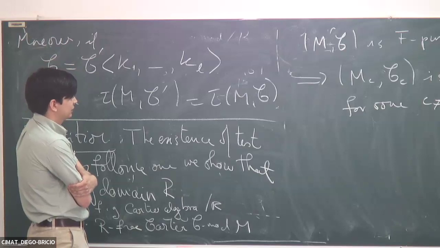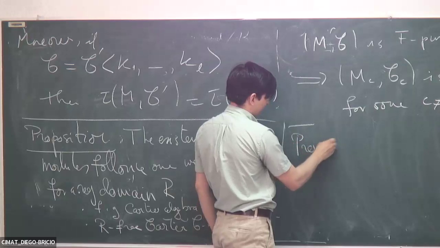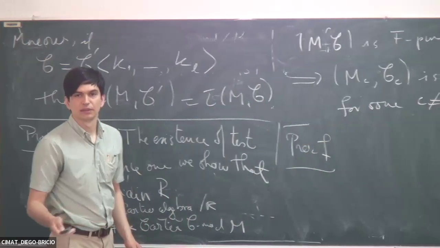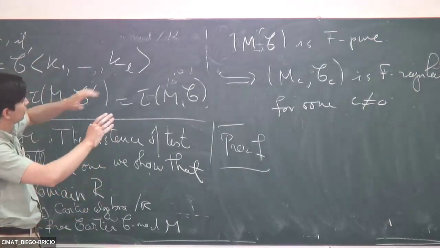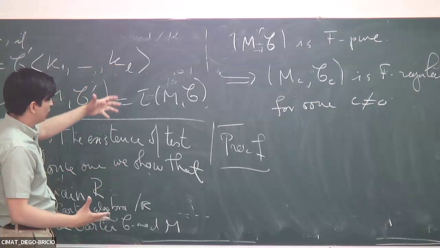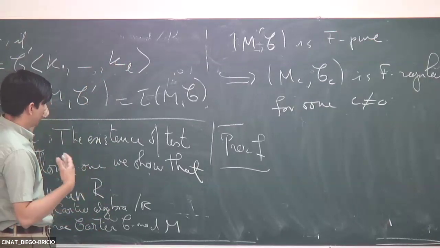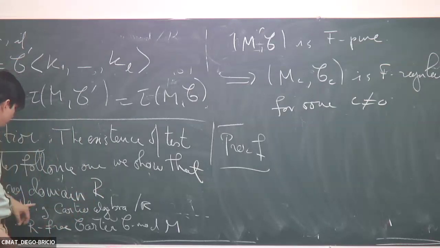So to prove the existence, let's think about the proof. It's just about putting everything together. Okay, let me move it a little bit. So you guys can help me here. So what is the proof? We want to prove the existence of test modules. We have seen that we can reduce to the case where R is a domain and R is a free Cartier module.